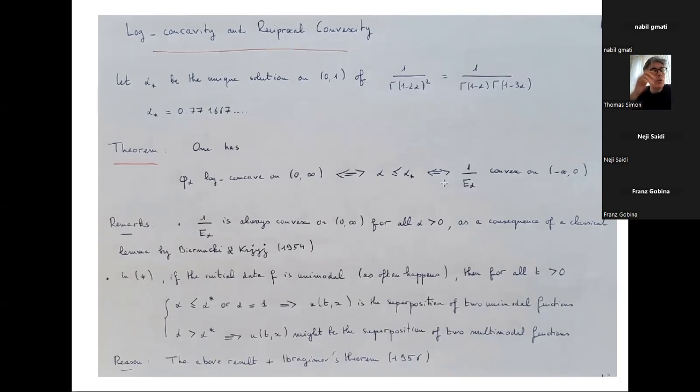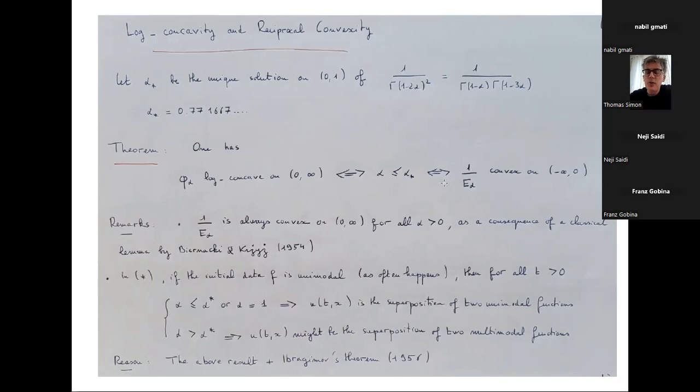It goes back to the Russian school, and it was the first step in proving that the stable densities, which are more general objects, are all unimodal. And it was a problem which took some time to be settled, in the 70s finally by Yamazato. But what Yamazato actually used is the notion of log concavity.